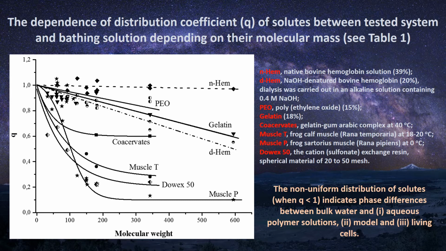In the alkaline environment, the alpha helices are destroyed, and the hemoglobin polypeptide backbone becomes available for the solvent. Water is adsorbed. The adsorption builds a non-solvent aqueous phase, and as a result the line gets a slope.